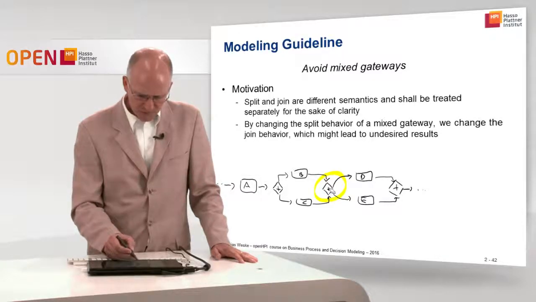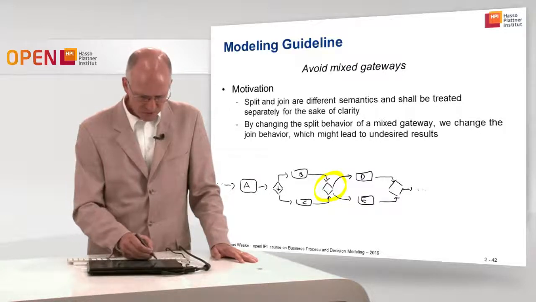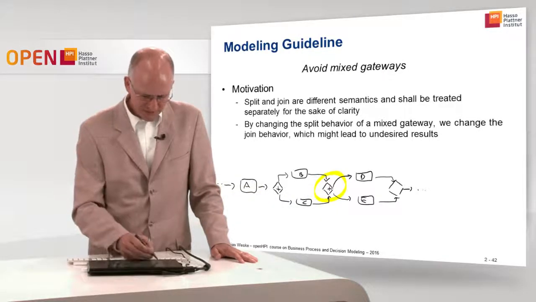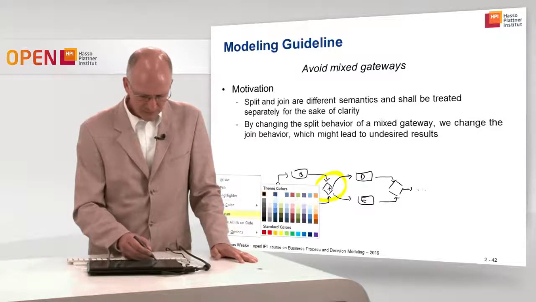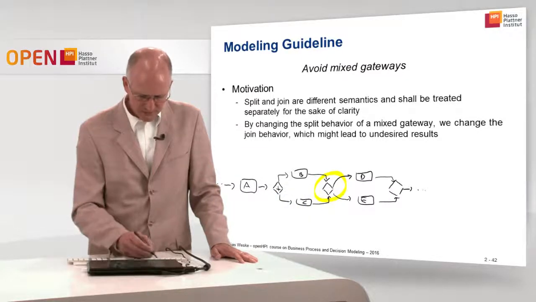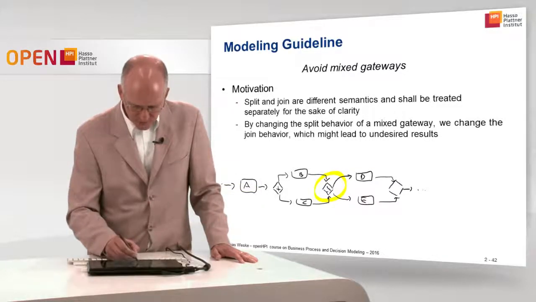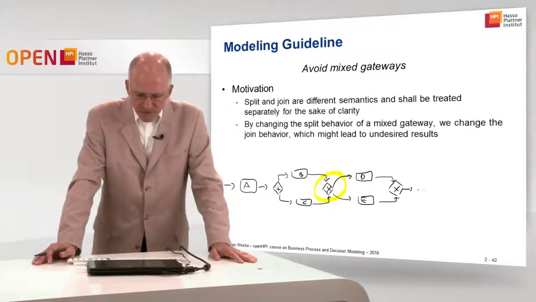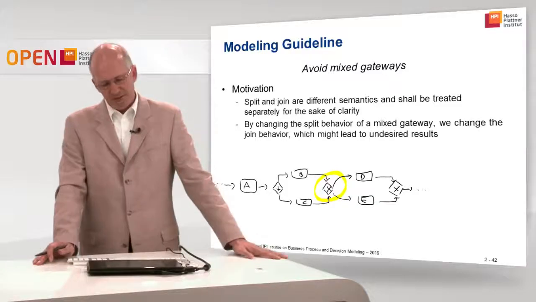That should not be an AND split, and that should not be an AND join, but that should be an XOR split. Sorry, I need to erase it again. That should be an XOR split, and that should be an XOR join. So, wonderful, we made sure that either D or E is being executed.